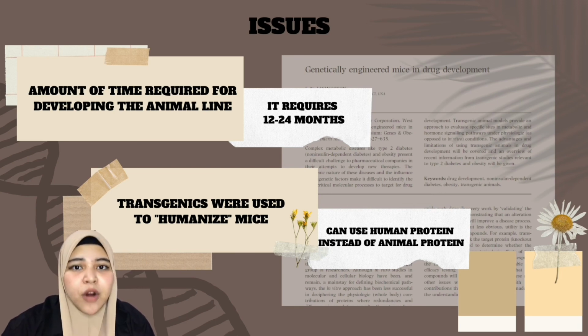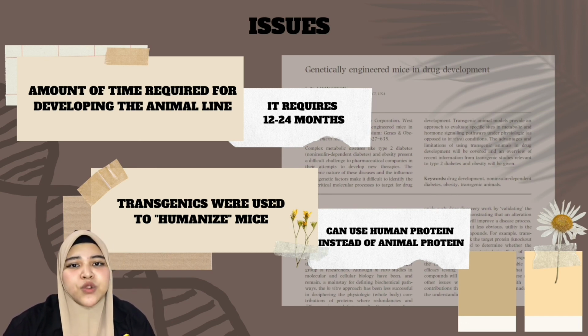An approach or research that requires a year or more to come to an answer might pose a major obstruction. Next, a potentially significant issue is the use of transgenics to humanize mice.